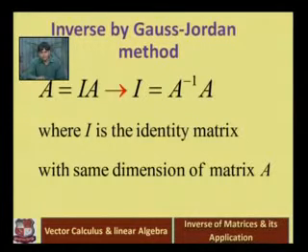Observe one thing: we take the identity matrix I of the same dimension as the matrix A. For example, if we have a matrix A of 3 by 3, we have to choose an identity matrix of 3 by 3.